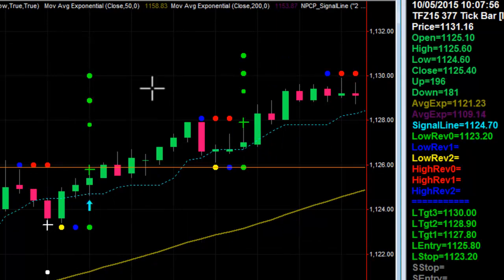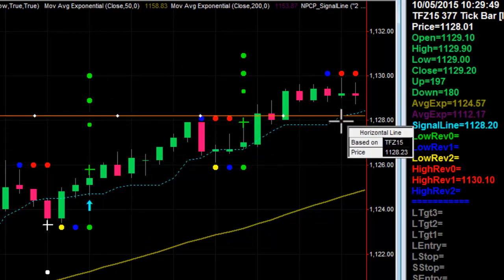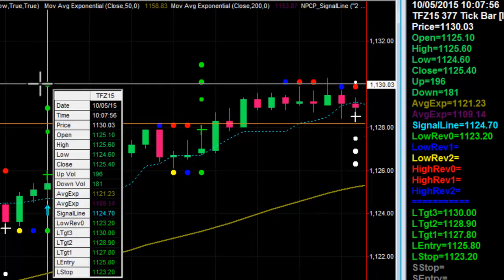Let's see, target 3 is at 1130 even, and it gets as high as 1129.9. So if you're trading to target 3, maybe you're going to take a fail safe at target 2 or just trail the signal line and stay with the trade. And if you do, it actually goes up and hits target 3 again perfectly.